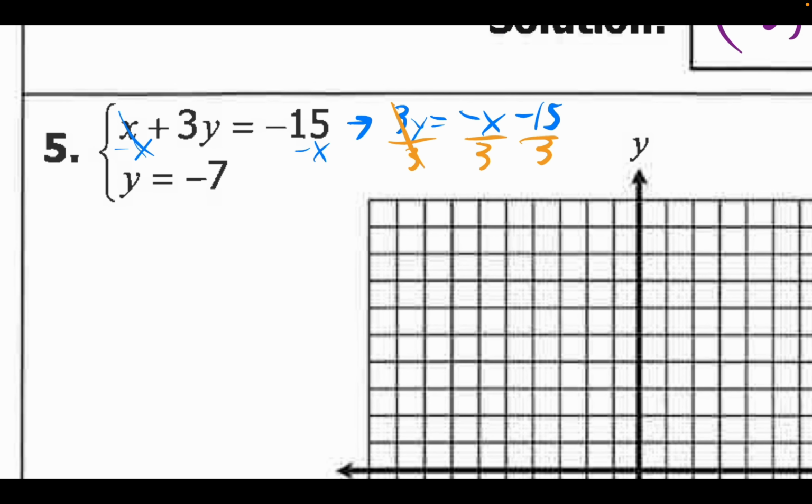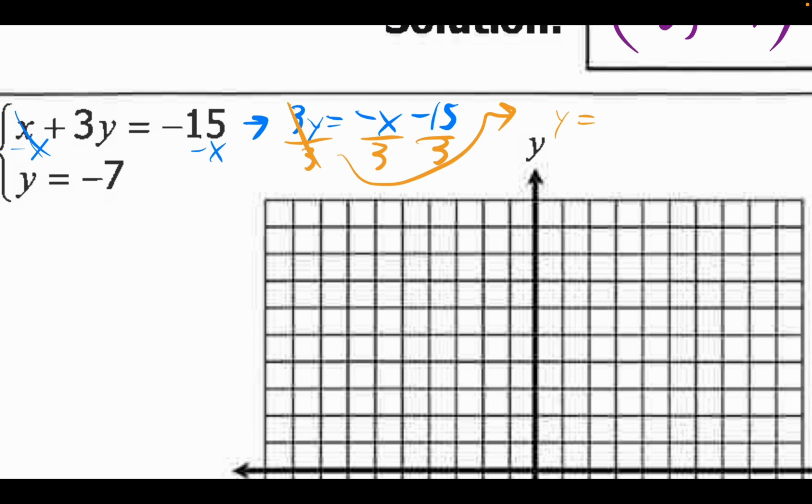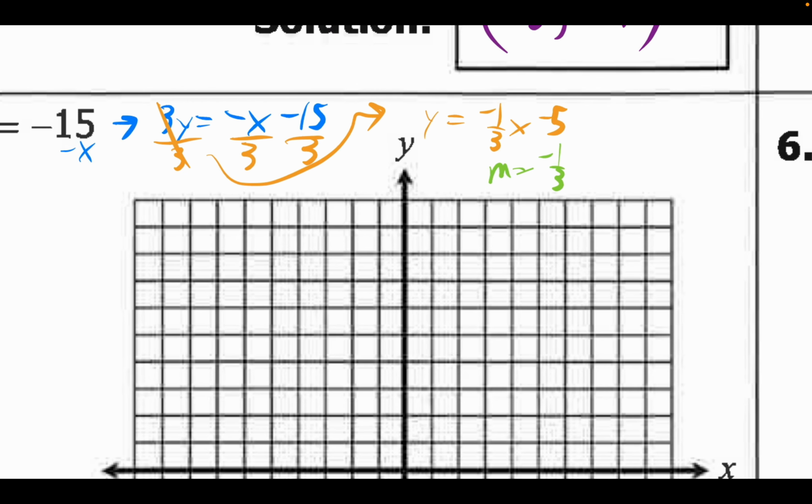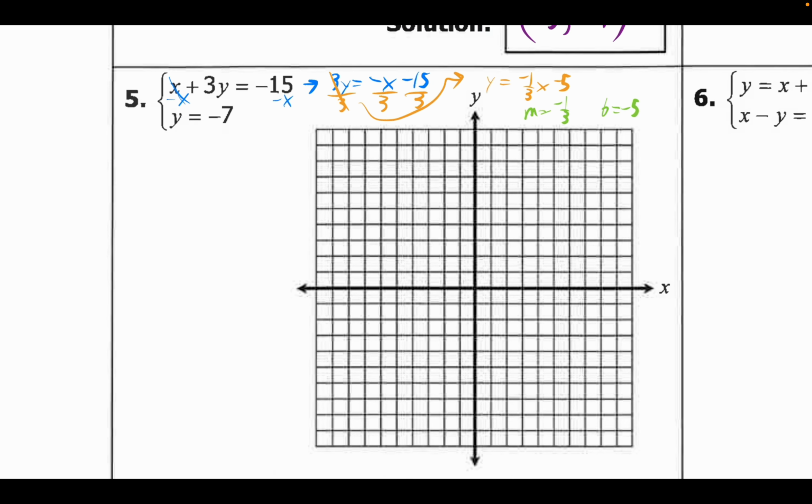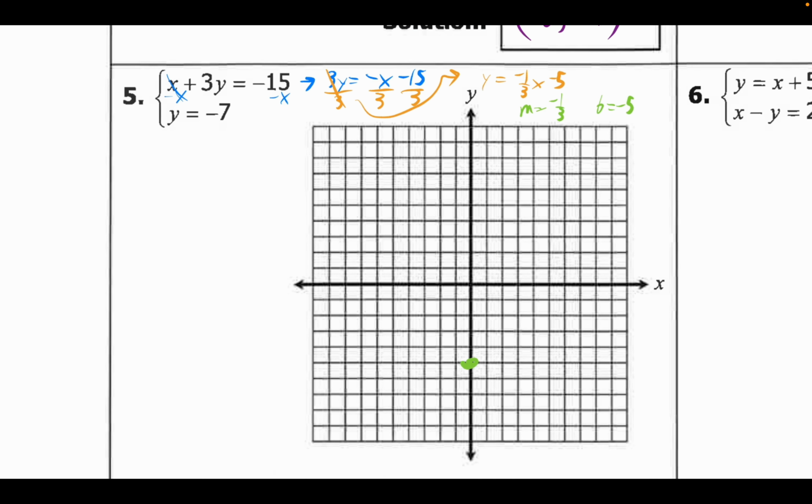And I get y equals -1/3 x minus 5, which establishes my slope to be -1/3 and my y-intercept to be -5. And this time I suppose I'm going to use green here. And so I go ahead and graph my points.